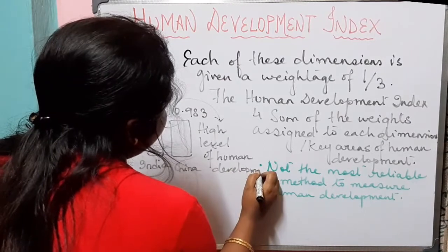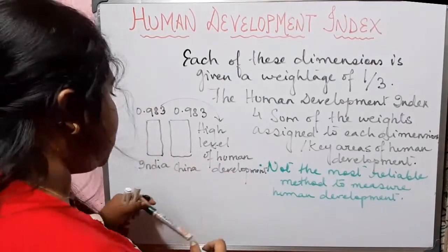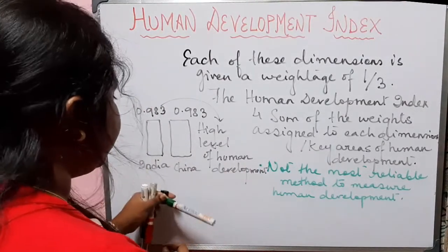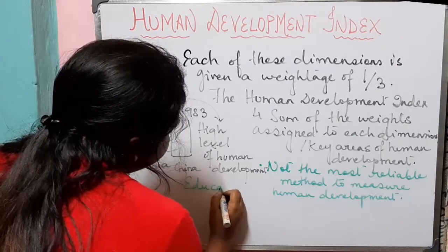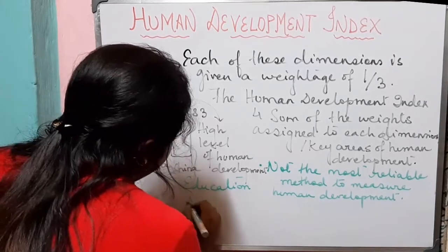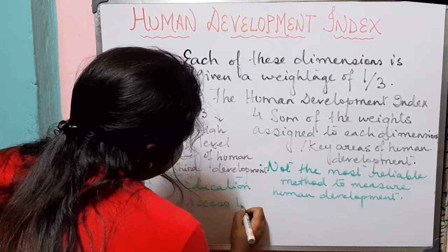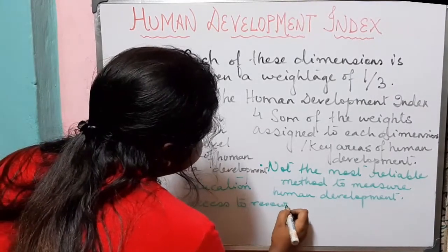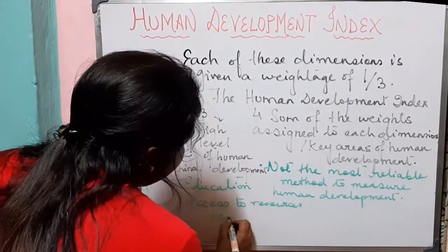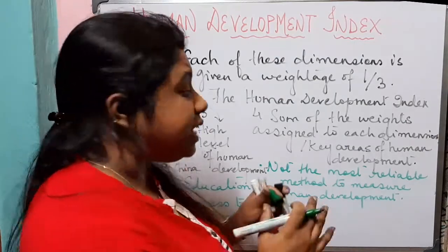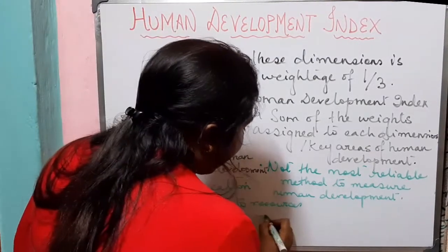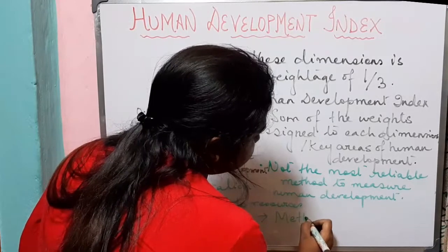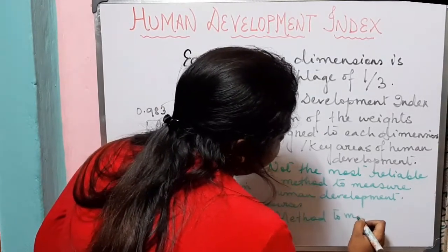But we cannot get accurate information on the distribution in the areas of education, access to resources, and health.